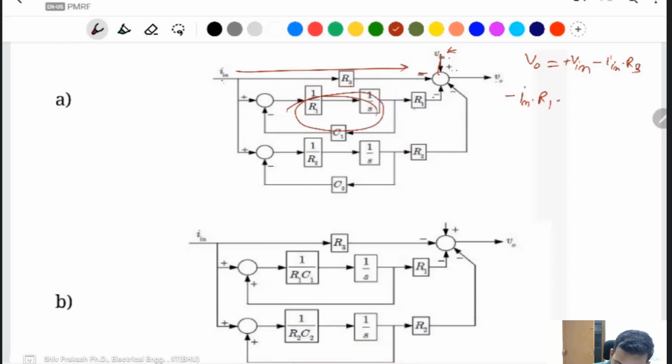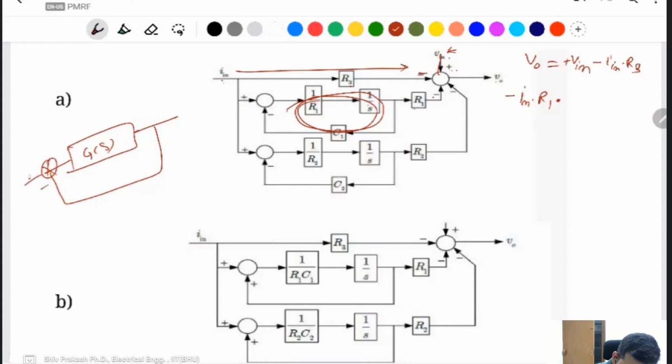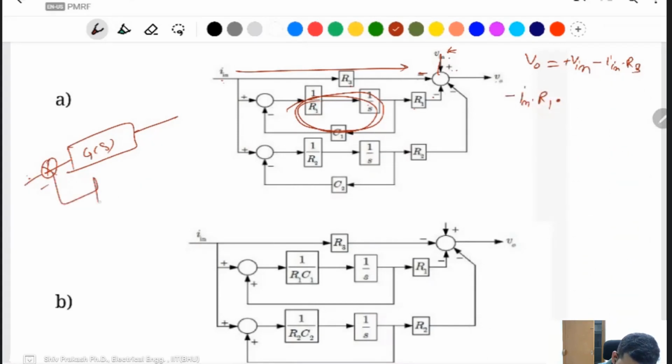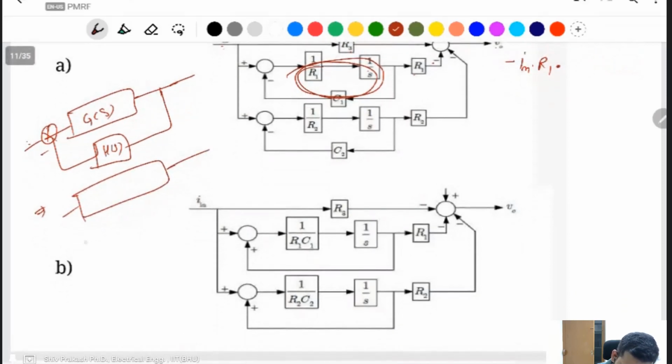Can you solve this as a feedback loop? Loop gain multiplied by this one. If you have a transfer function given as GS and a negative feedback HS, what is the equivalent block diagram, the block reduction?